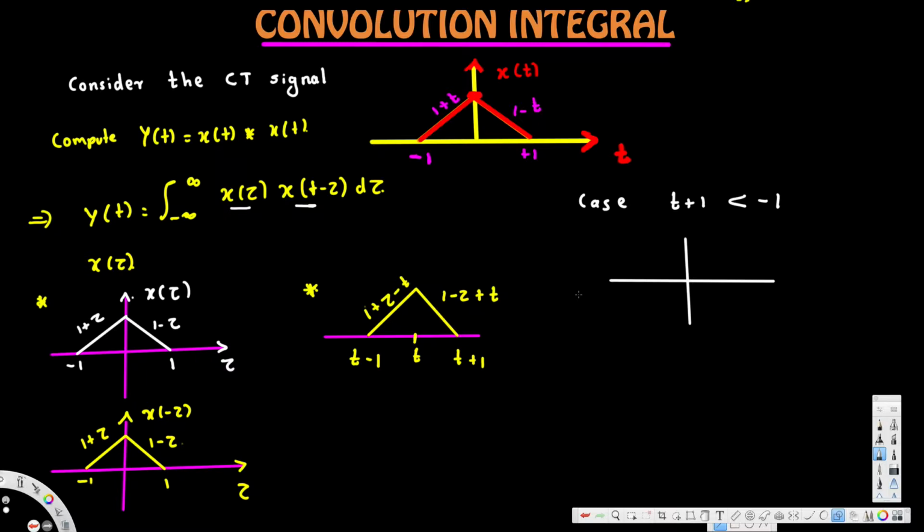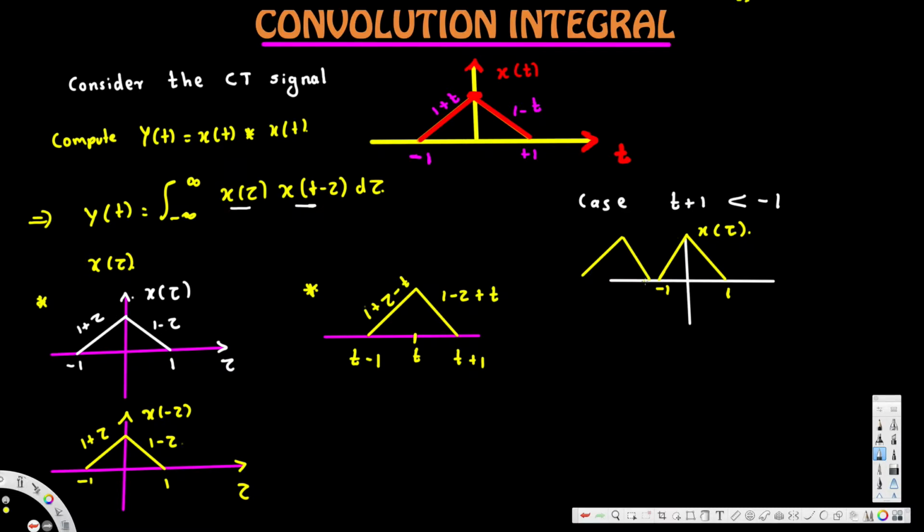In that case we are going to have a graph like this, and this graph ends at t plus 1. I am looking at x of tau and x of t minus tau. Let's mention the locations: x of tau goes from minus 1 to 1.